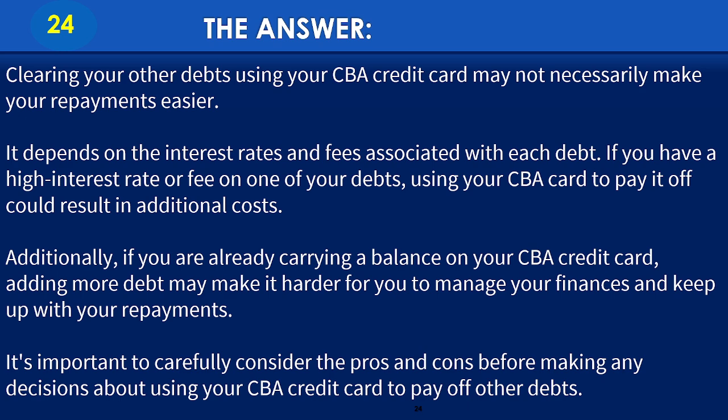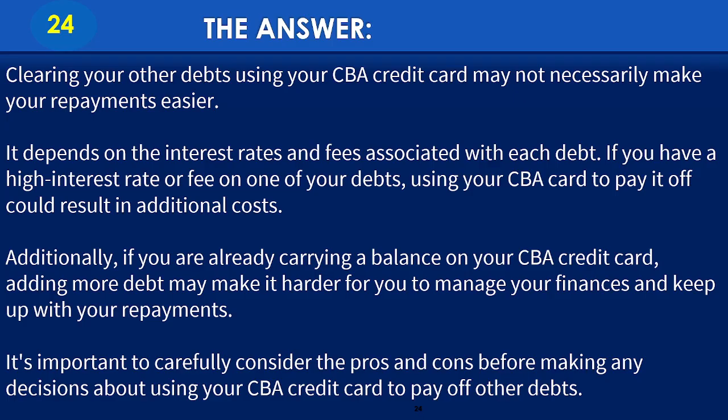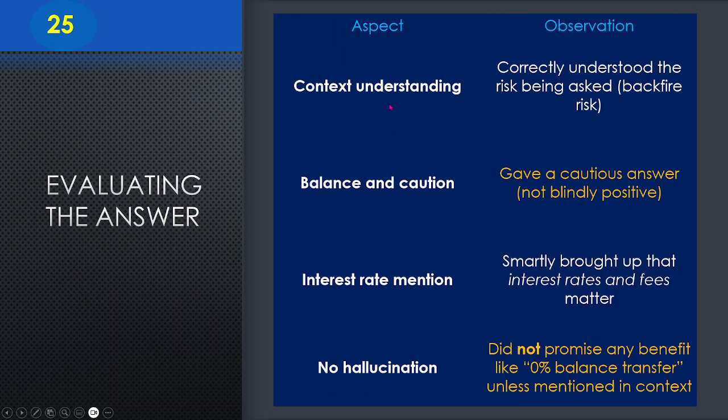And it goes all the way, giving 1, 2, 3, 4 sentences for the answer, and I think it has an understanding, and also it is cautious. It doesn't hallucinate, and it also mentions the interest rate and the zero balance transfer, which means that it doesn't hallucinate or make some sort of unrealistic estimation.